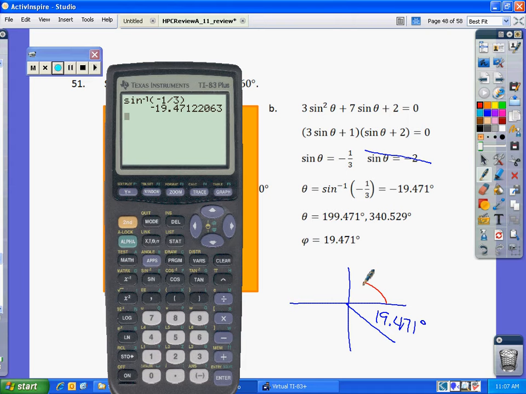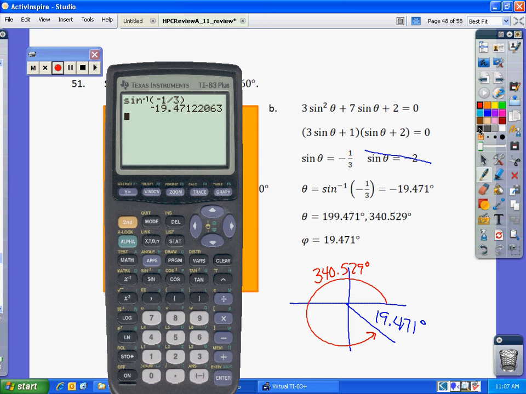So this angle is 360 degrees minus 19.471 degrees. So this is how we got 340.529 degrees.